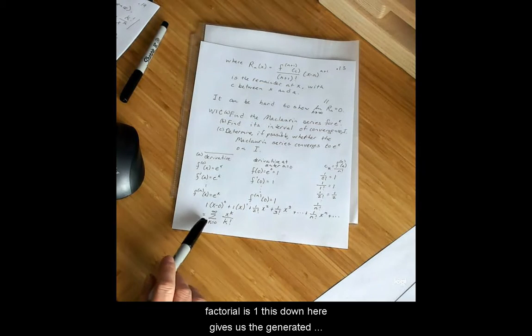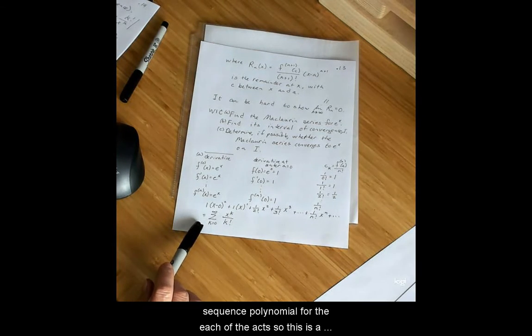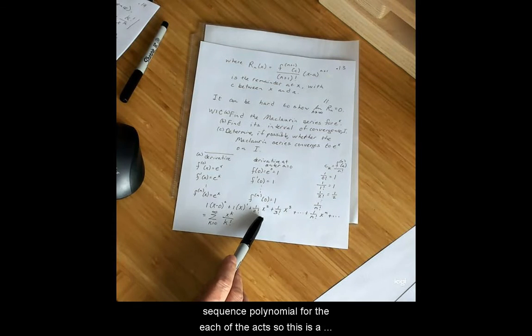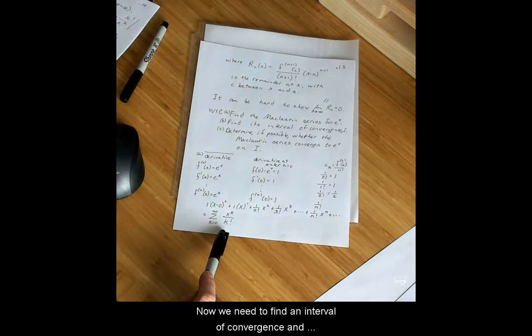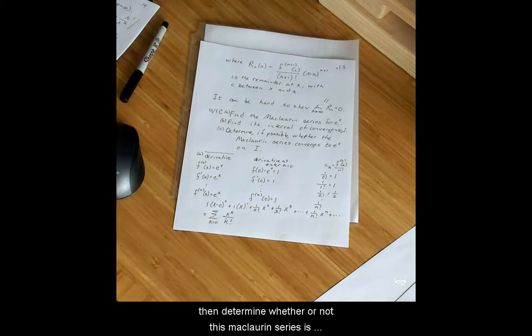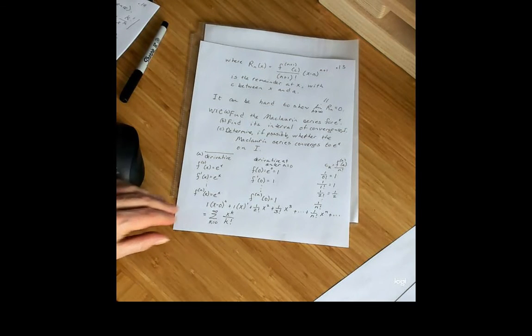So this down here gives us the generated polynomial sequence for e to the x. So this is the Maclaurin series for e to the x. Now we need to find its interval of convergence and then determine whether or not this Maclaurin series is actually converging to e to the x by looking at the remainder.